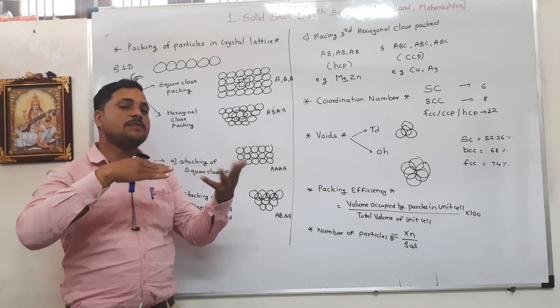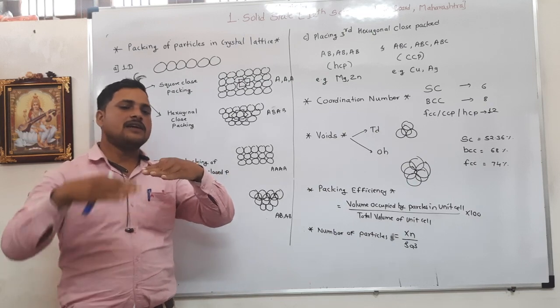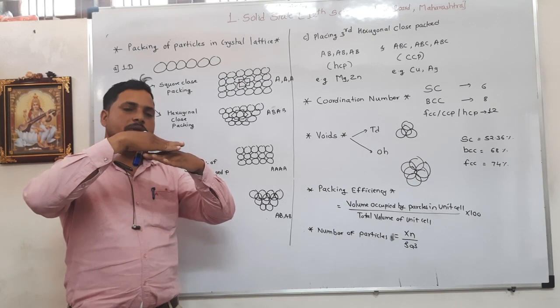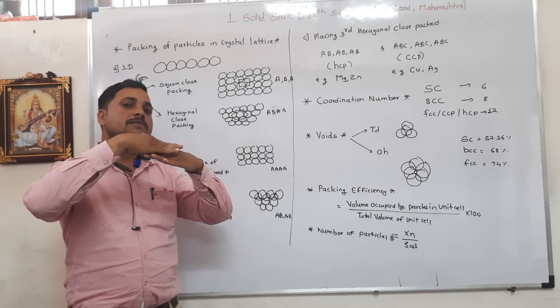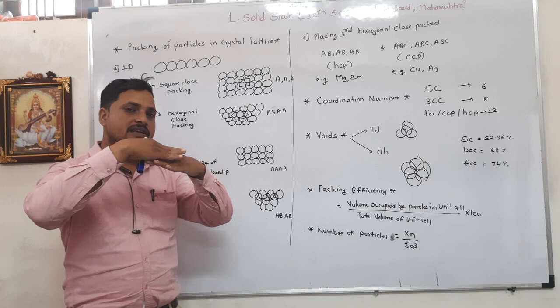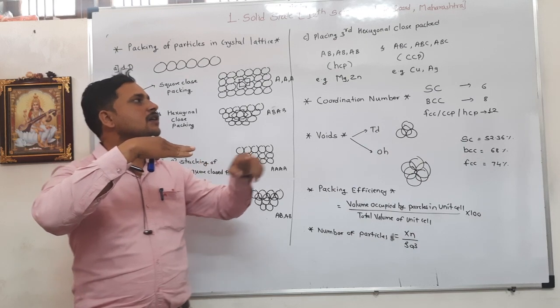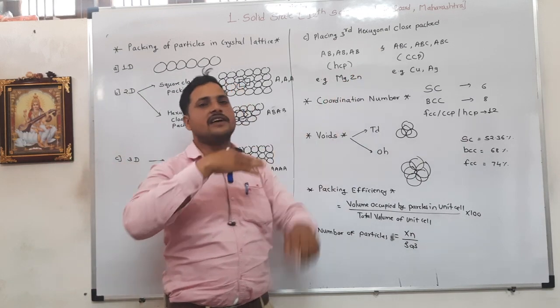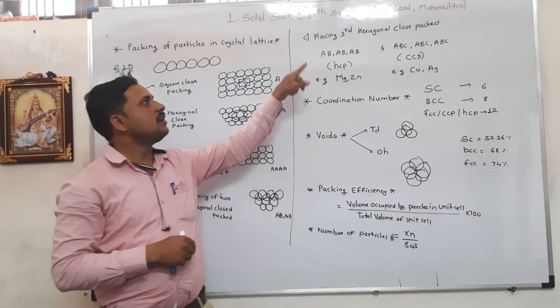And another possibility: the second layer is placed in the depressions of the first layer, and the third layer is placed again in depressions, but it is not the same as the first layer. Observe carefully.